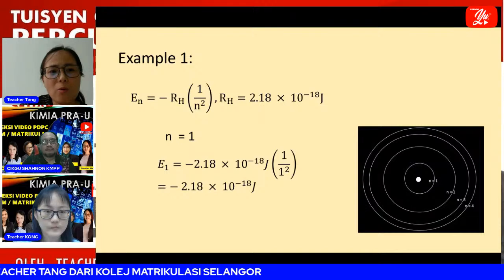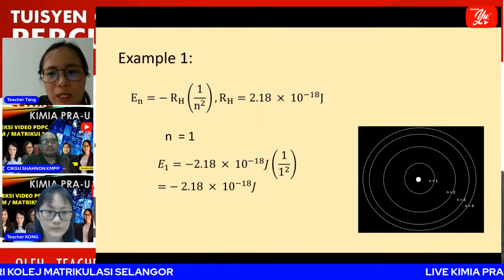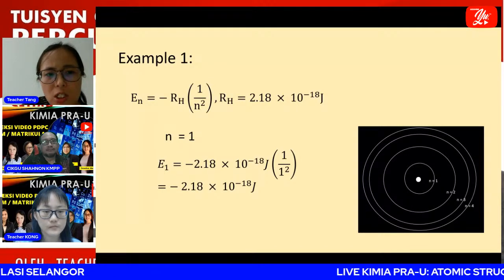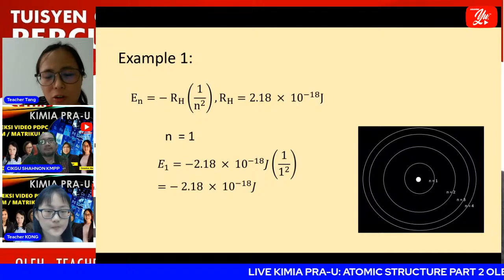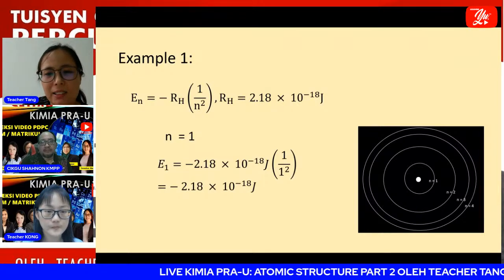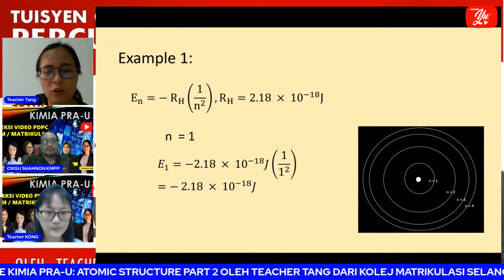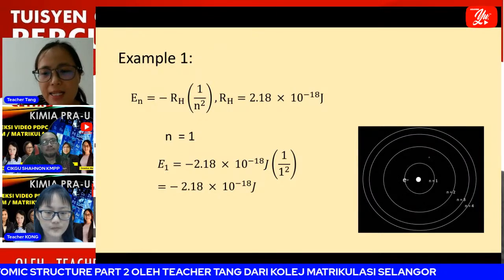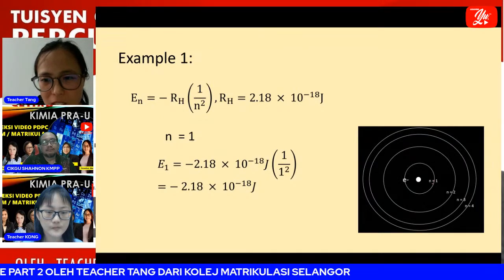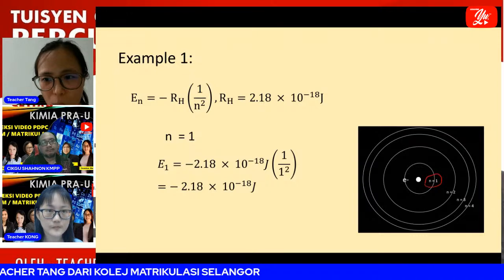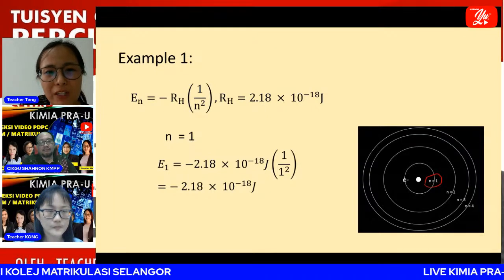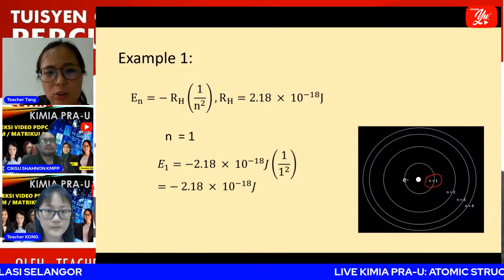Now we shall look at how to calculate the energy of the electron when it is at a specific orbit or energy level. For example, if the electron is at the first orbit with energy level n equals 1, how do we calculate its energy?